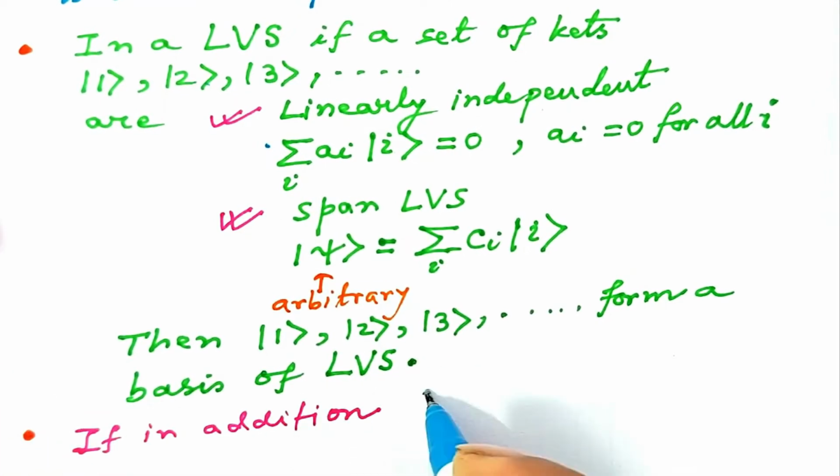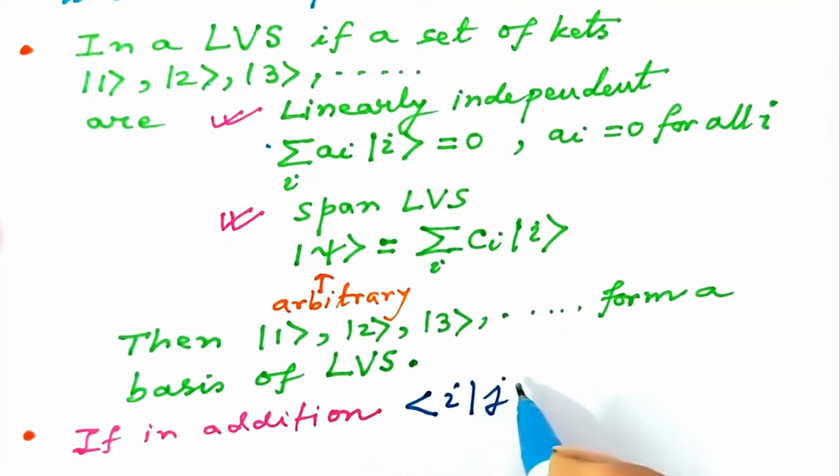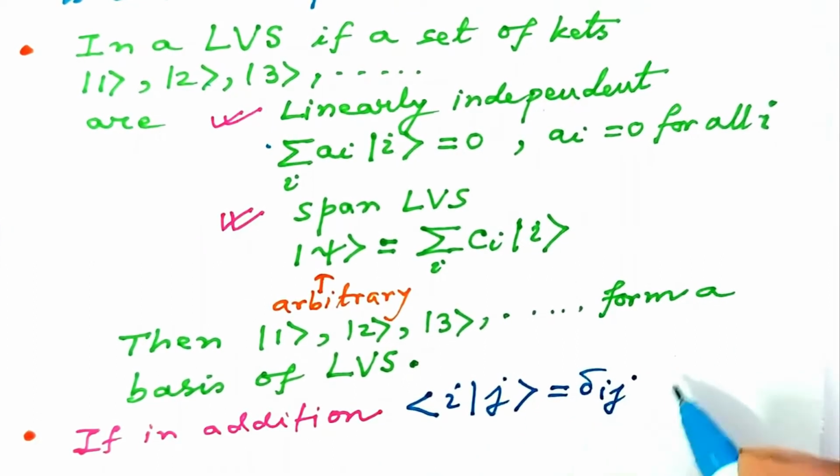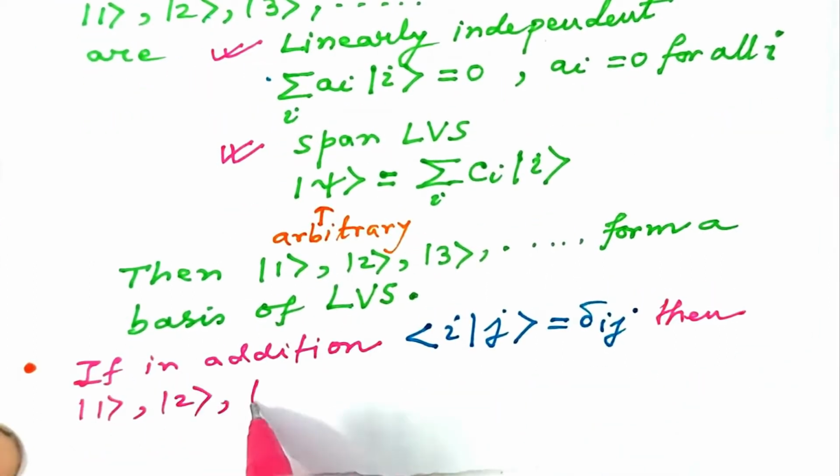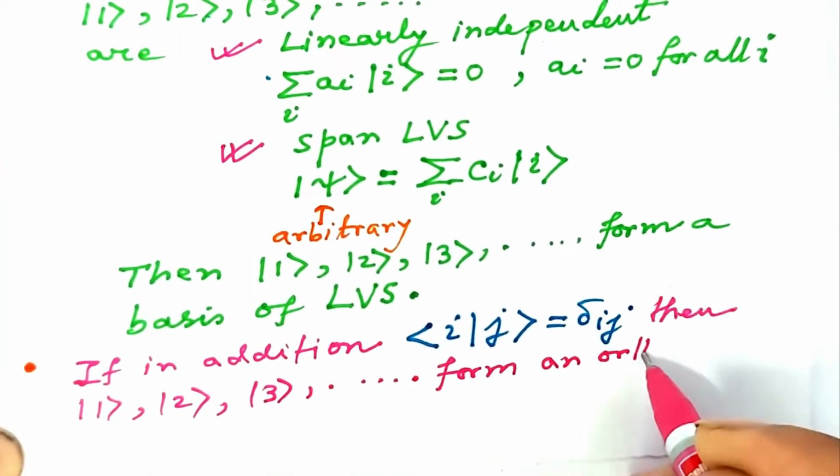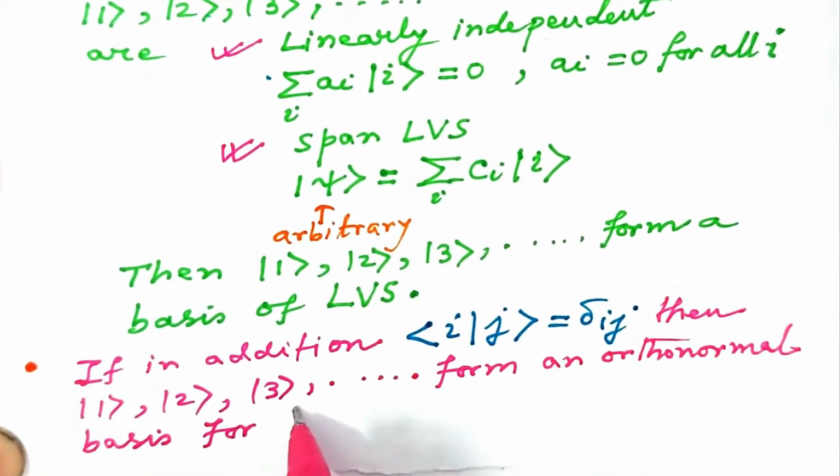If in addition the inner product bra i ket j equal to Kronecker delta ij, then the set of kets form an orthonormal basis for the linear vector space.